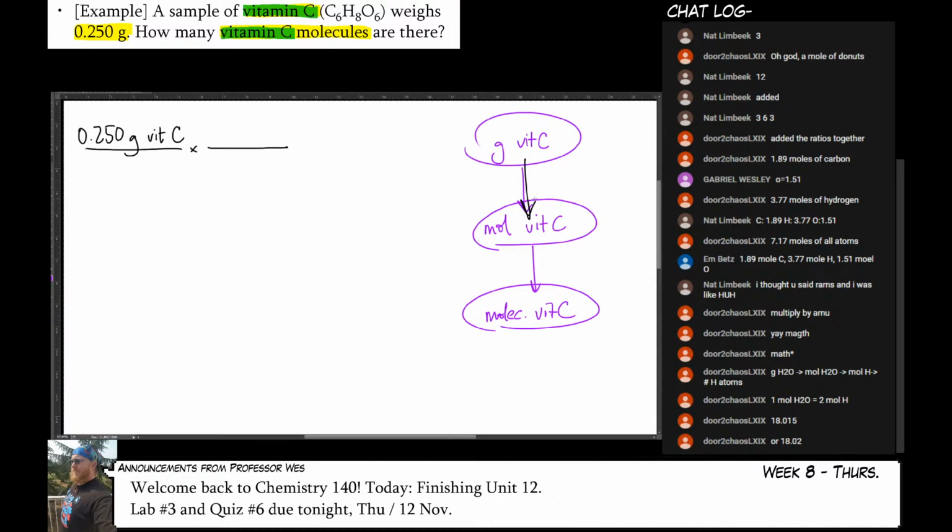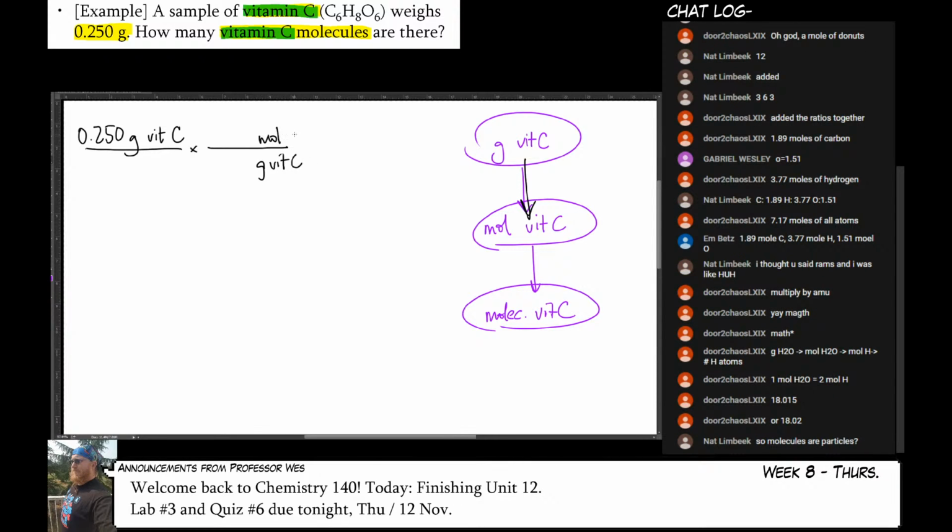So for our first step, we'll turn grams into moles. So grams of vitamin C into moles vitamin C. So molecules or particles? Yep, molecules or atoms or formula units. These are all particles.